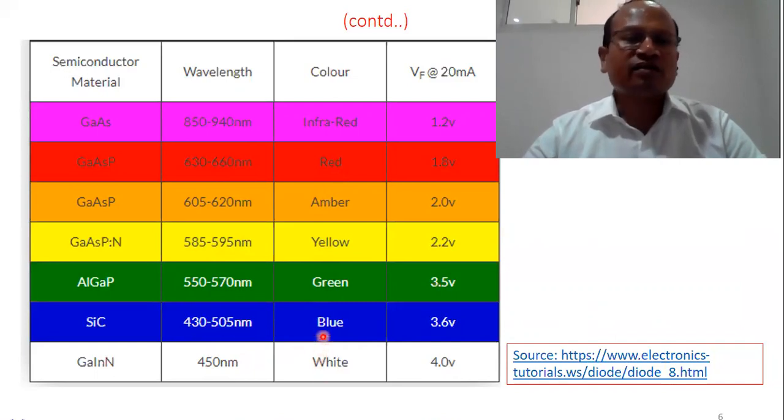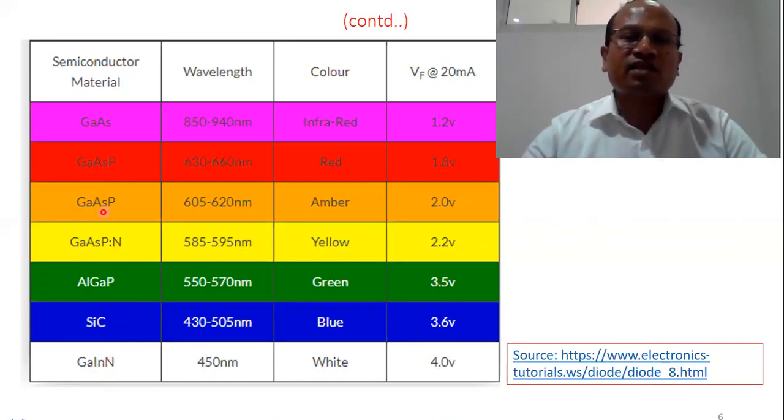See here, white, blue, green, yellow, amber and red, and these are the different colors of different semiconductor materials. And you see here, the semiconductor materials have different materials used in composition as a compound material. Their proportions are very important. Their ratios are very important.